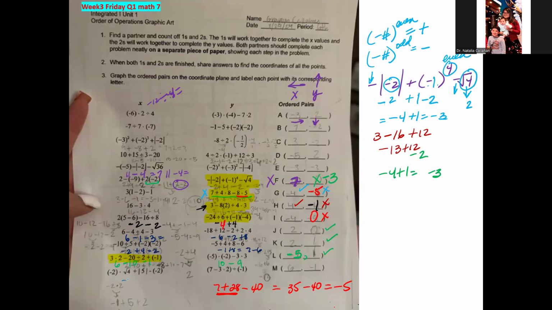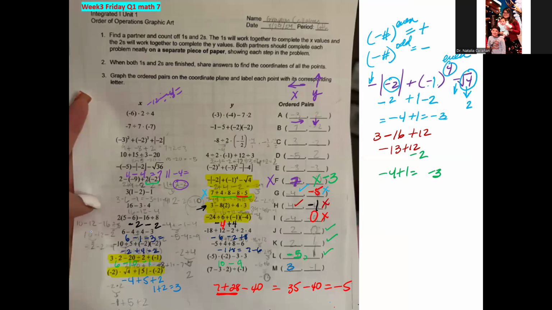-2 times 2 is -4. Okay, M. X value on M. You need to redo that one right here. Go redo that one.